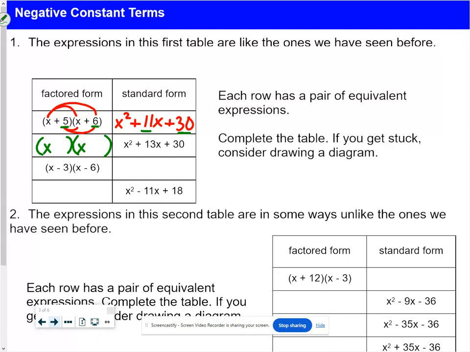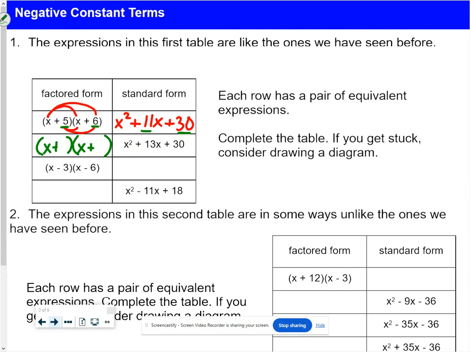I know that because this is a plus, just like all the stuff that we did last week, that's going to have to be the same signs, and this tells me that both of the signs are going to be plus or positive. Now, I need to think of numbers that would multiply to be 30, give me a product of 30, and then add to be 13.